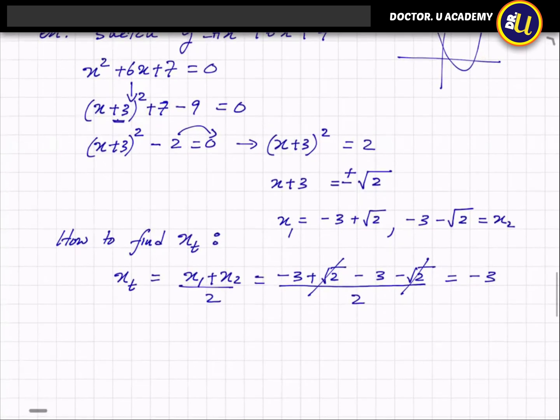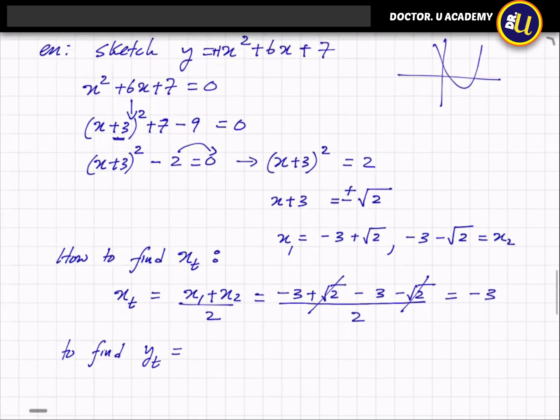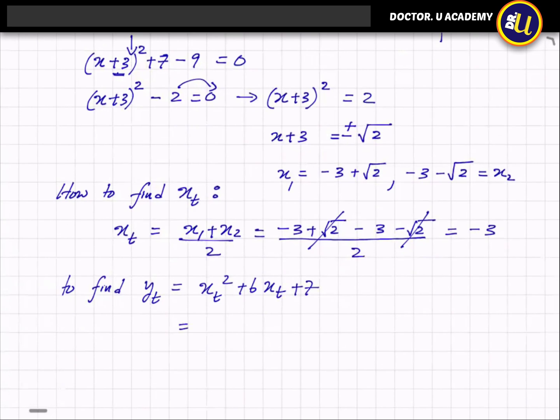So to find yt, you have to substitute this xt value into the equation, which is xt squared plus 6xt plus 7. So it's going to be 9 minus 18 plus 7. So it's going to be -2.